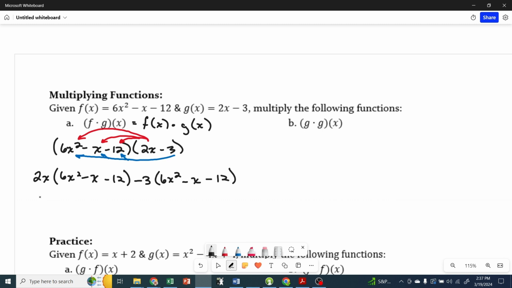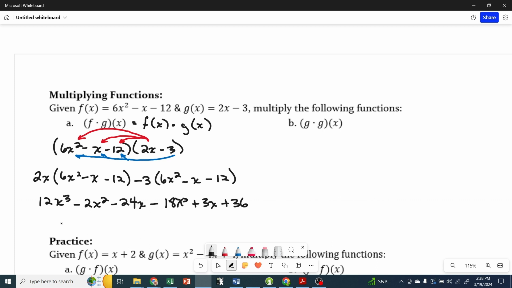So 2 times 6 is 12x cubed, minus 2x squared, minus 24x, minus 18x squared. That's negative 3 times 6x squared. Minus 3 times minus x is plus 3x. Minus 3 times negative 12 is positive 36. This puts things in pretty close to descending order.